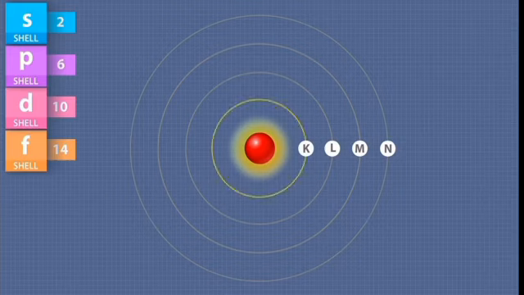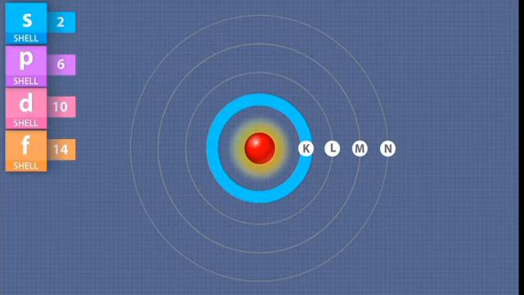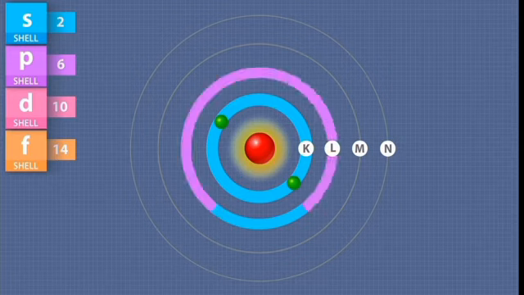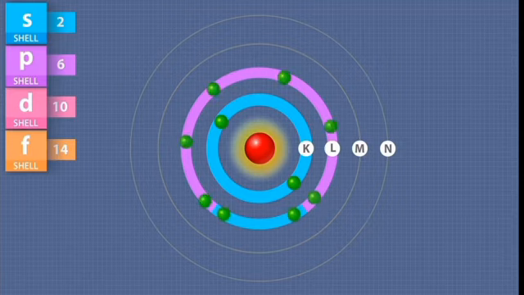The first energy level, K, can have one subshell, which can accommodate 2 electrons. The next shell is the L shell, which contains S and P subshells, where the S subshell accommodates 2 and P subshell accommodates 6 electrons.